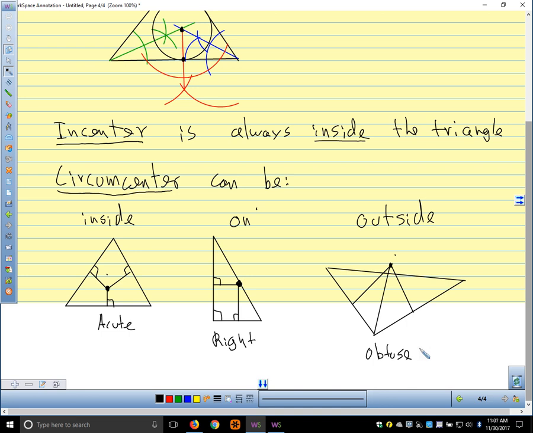So our circumcenter can be inside an acute triangle, on a right triangle, or outside an obtuse triangle. The incenter is always inside.